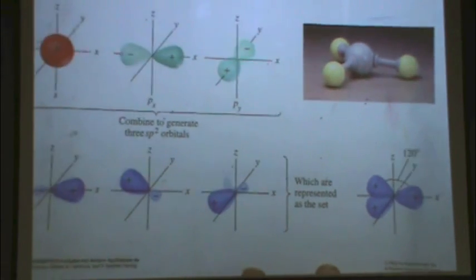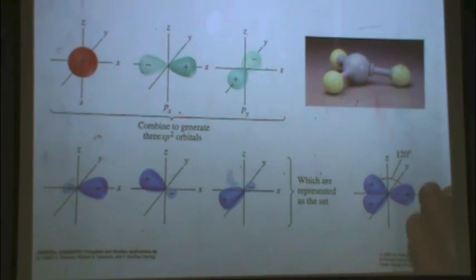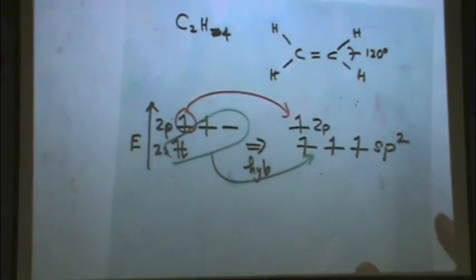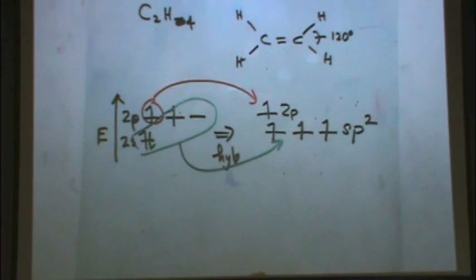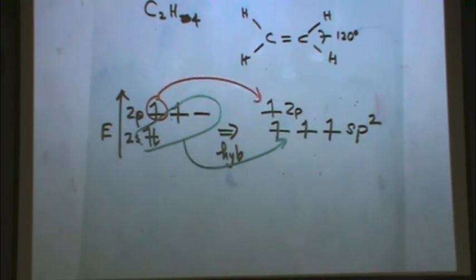Okay? So this kind of hybridization turns out to give the shape that we see experimentally. And so that kind of confirms our theory, gives us hope that this is the hybridization that's occurring. We form this kind of hybrid, different than before, but one of the 2 p's doesn't play, stays separate. Okay?